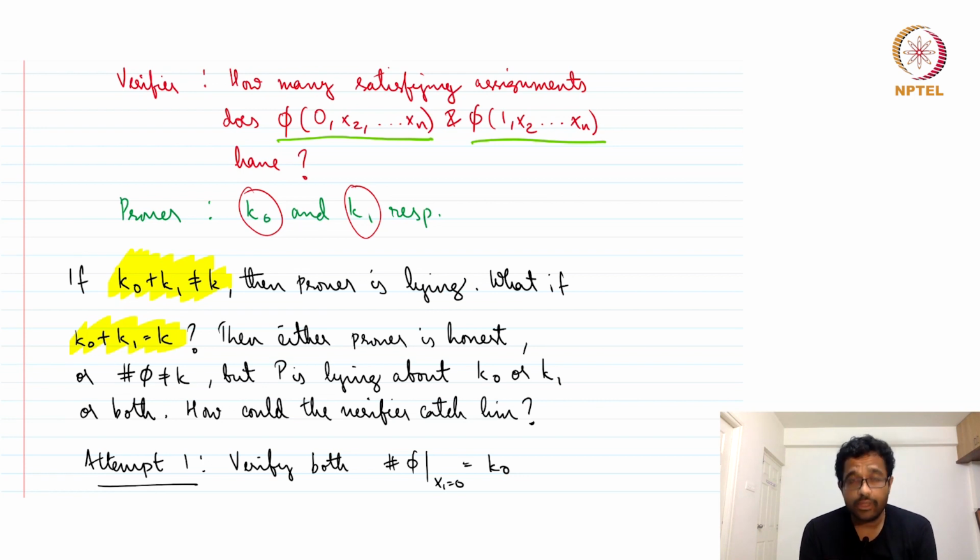But what if the actual number is not k? Let's say the actual number of satisfying assignments is not k. What does this mean? But k0 and k1 are such that k0 plus k1 is equal to k.